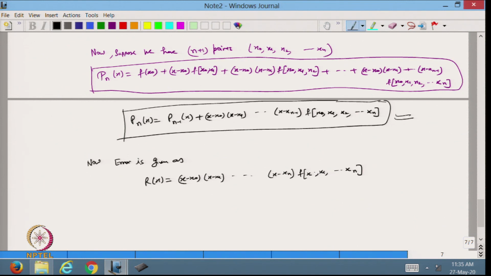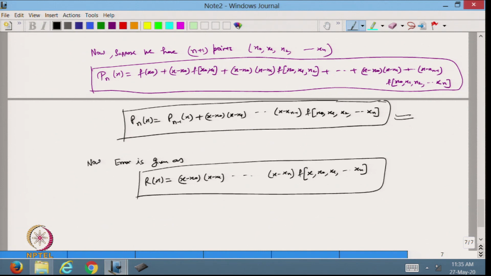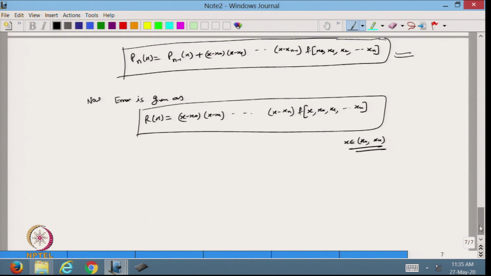So, I choose any x, and x naught, x1 up to xn. So, that is my error, where x belongs to the interval x0 to xn. So, in this case I choose any x in between, and then I write the divided difference, multiply with this factor. So, that will be the error we can find when we apply the Newton divided difference formula.